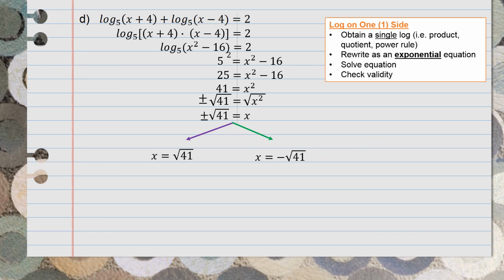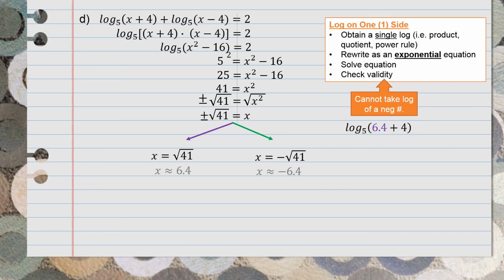And to do that, we need to know approximately what the square root of 41 is. If you type the square root of 41 in your calculator, you will find it's approximately 6.4. So now let's check our answers.